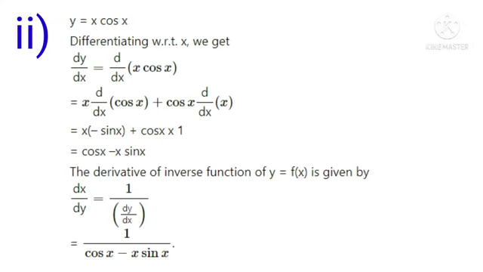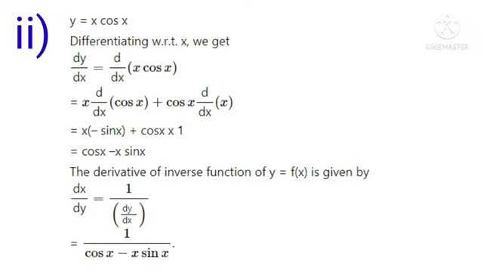Okay. See students, second question in the second: y is equal to x cos x. Differentiate with respect to x, you get dy by dx is equal to d by dx of x cos x. Here also you use the product rule, that is first into derivative of second plus second into derivative of first. I had told you, if you remember the basic formulas of derivatives, then you find the derivative chapter easy.